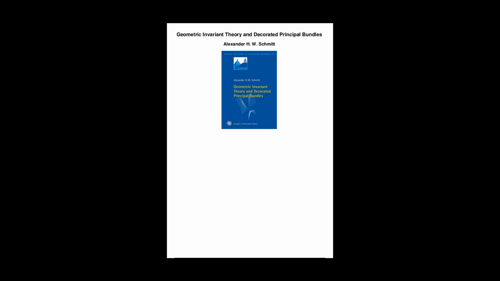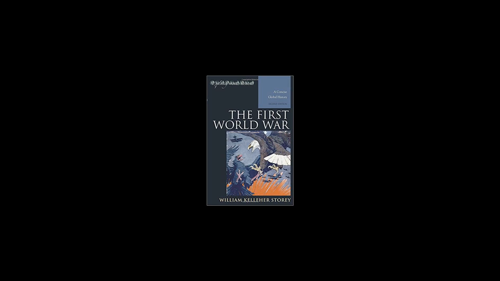Springer. ISBN 978-0-387-94087-8. Sharpe, R. W. 1997. Differential Geometry: Cartan's Generalization of Klein's Erlangen Program. New York. Springer. ISBN 0-387-94732-9. Steenrod, Norman. 1951. The Topology of Fibre Bundles. Princeton. Princeton University Press. ISBN 0-691-00548-6.